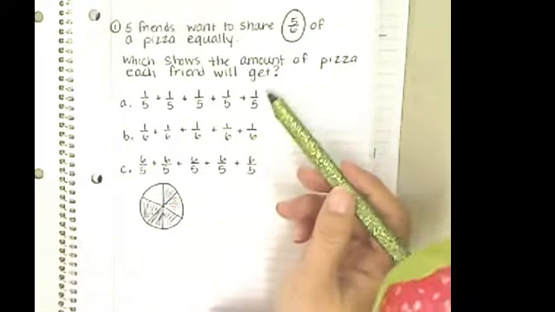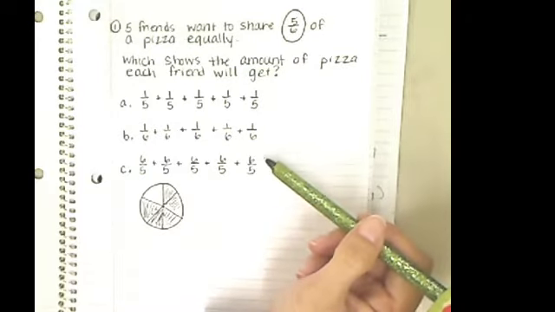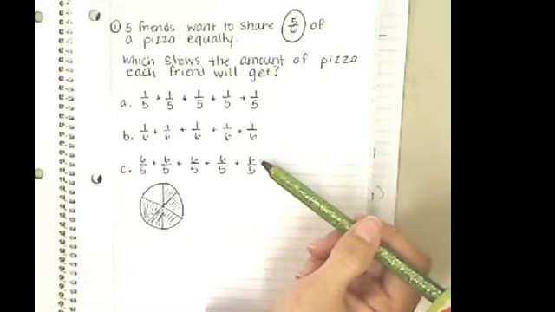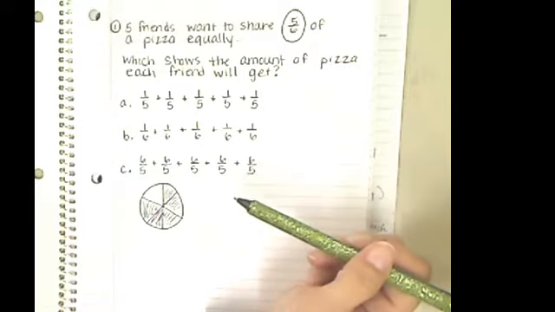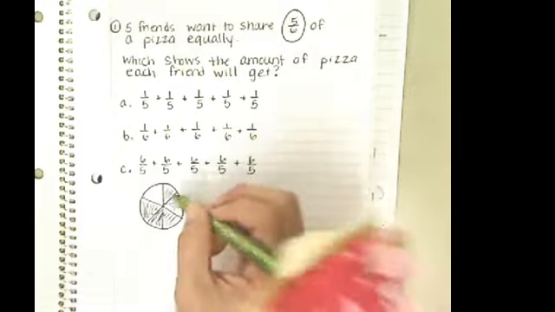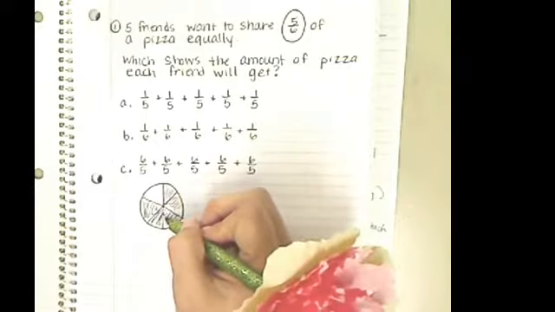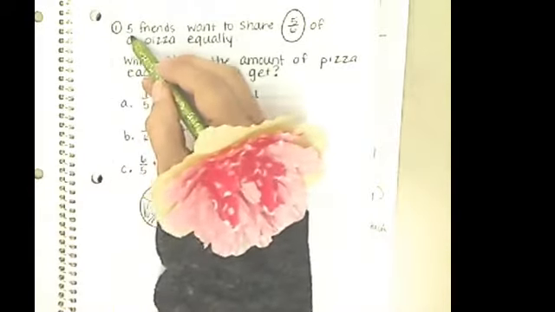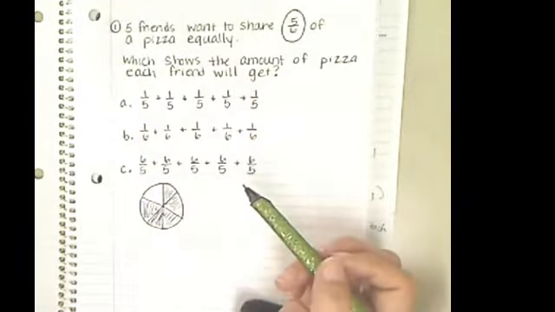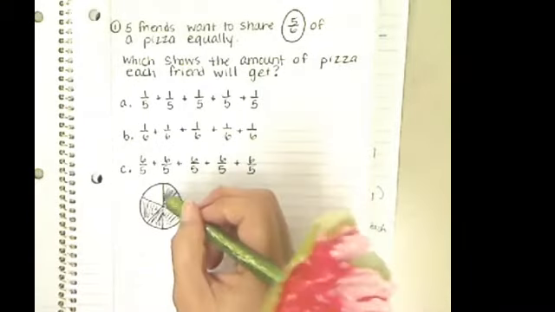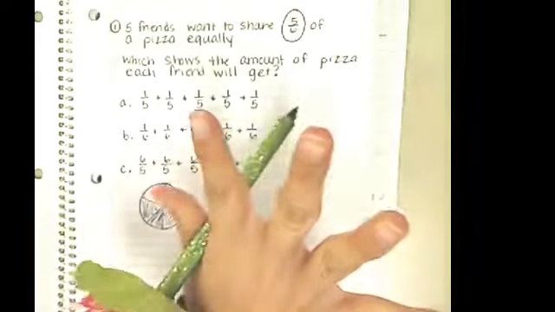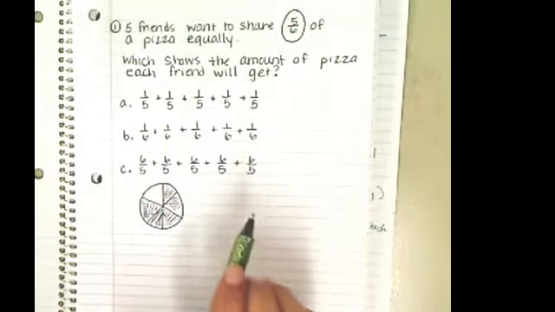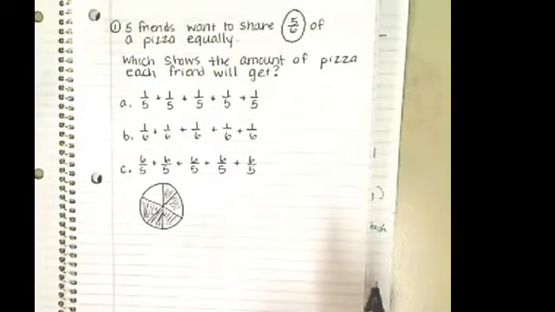So what I see in the answer choices is I've got a fraction being broken down into a sum. Okay, so if I've got 5/6 and I've got 5 friends, 5 pieces, 1, 2, 3, 4, 5. So if you've got 5 friends and 5 pieces to share, how many does everybody get?